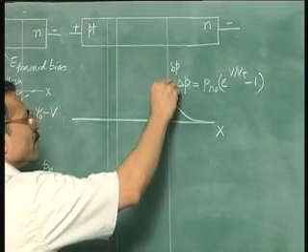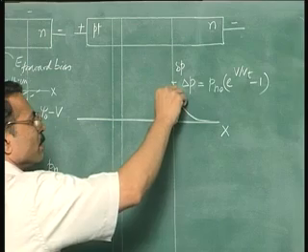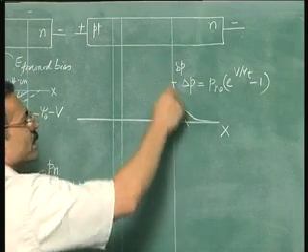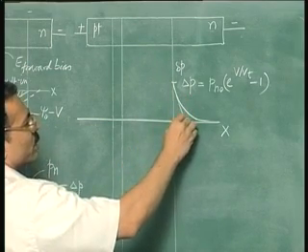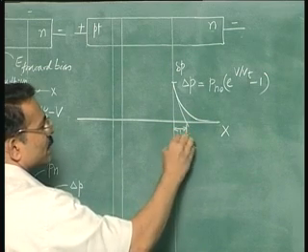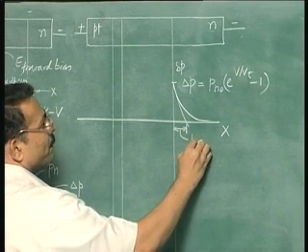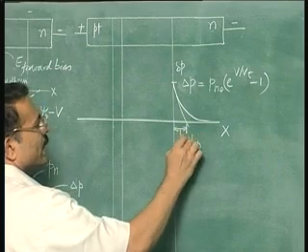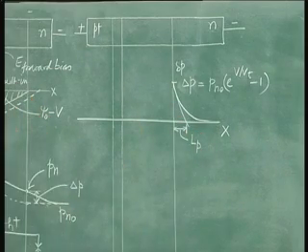And the nature of the exponential is shown by extending this line. The initial slope here, if you extend this, then this distance on the x-axis here is Lp, the minority carrier diffusion length of holes.